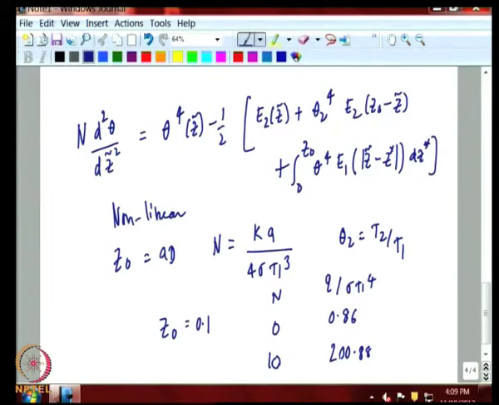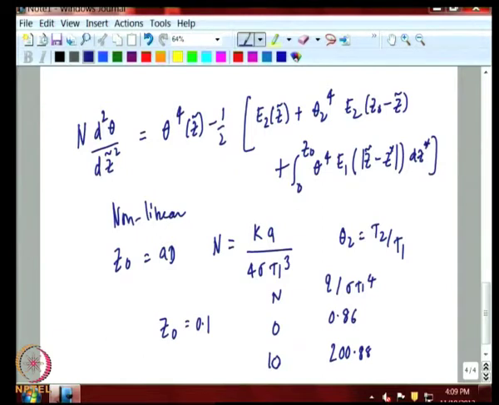So, you can see that although we found that in many cases n is quite small, if you think of a cryogenic application where T1 is very small, then it is possible that this quantity can go above 10.